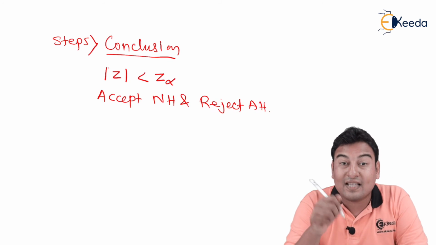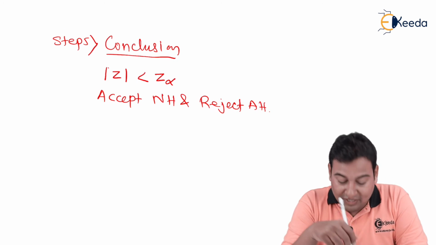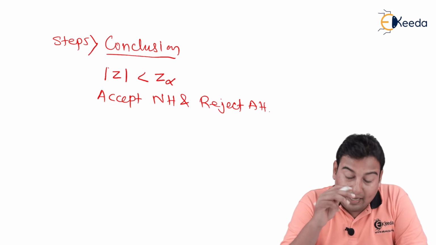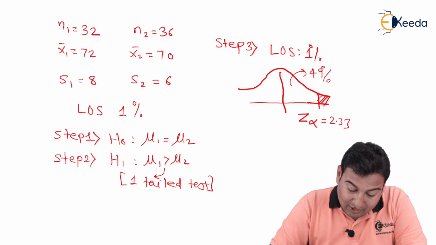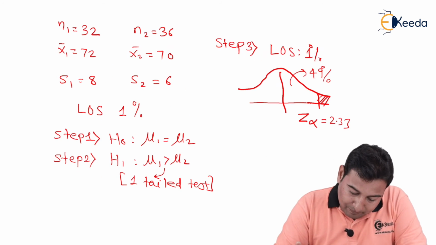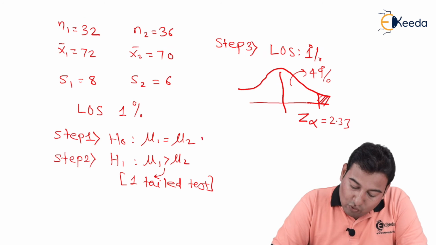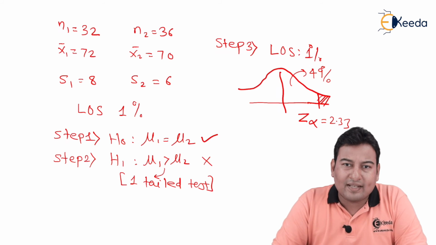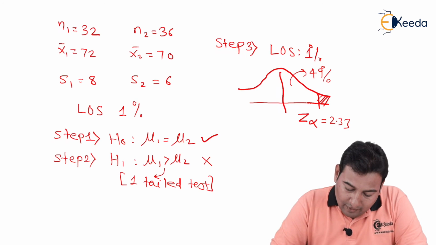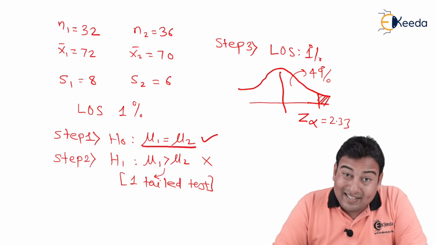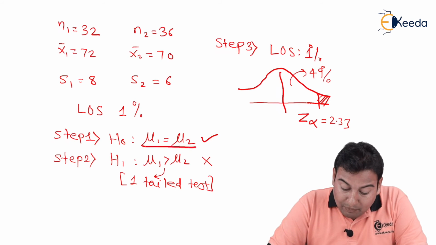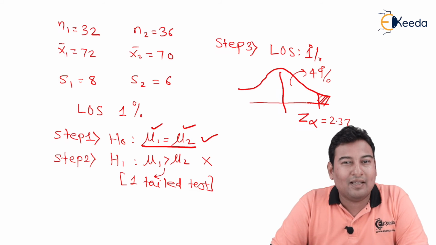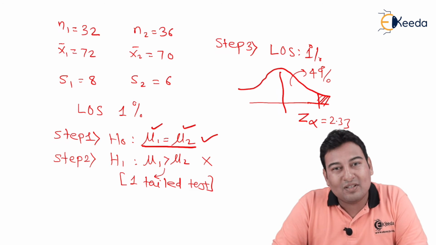But what does this exactly mean with respect to the problem? Let's go back to the problem. In the null hypothesis mu1 equal to mu2, in the alternate hypothesis mu1 is greater than mu2. We are accepting the null hypothesis, that means mu1 equal to mu2, that means we are accepting that both the means are equal, that both the performances are equal.